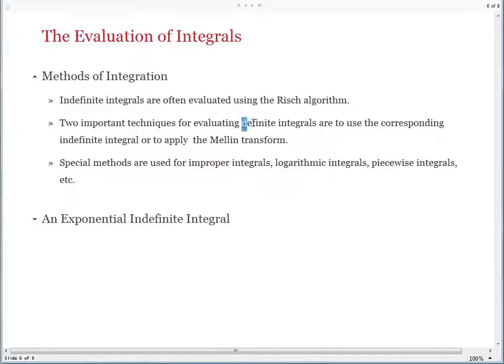On the other hand, if we give Mathematica a definite integral, we might either use the corresponding indefinite integral, or we might use a more advanced technique such as the Mellin transform. And of course, we have lots of special methods for improper integrals, logarithmic integrals, you name it, we have it.